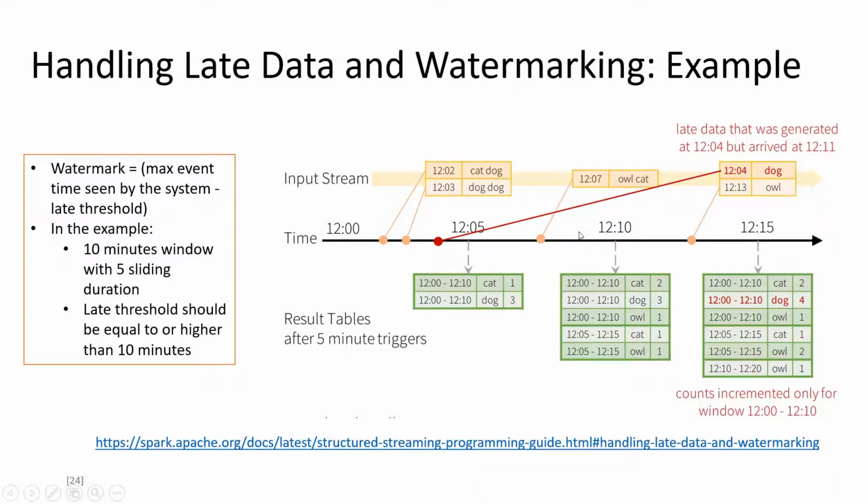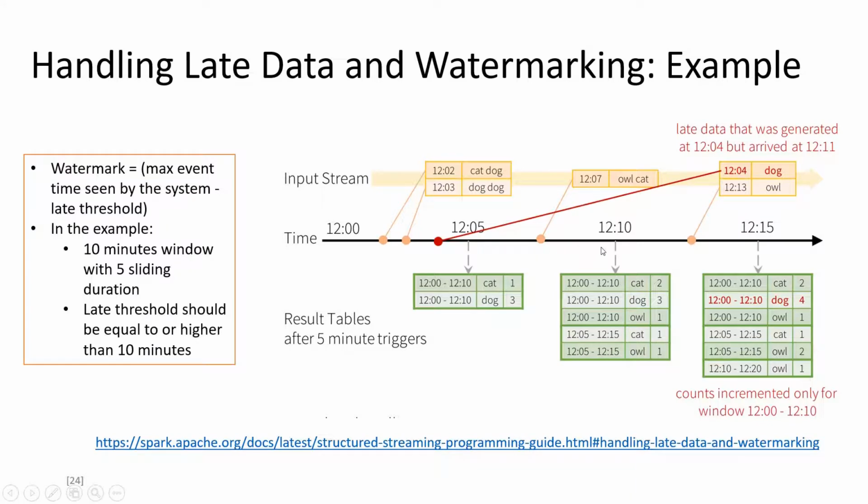Now let's consider this trigger interval. At this trigger interval, Spark also has this event, owl cat, at 7 past 12. Here Spark calculates 12 till 12:10. It also calculates for the next window, which starts at 5 past 12 and lasts until 15 past 12.